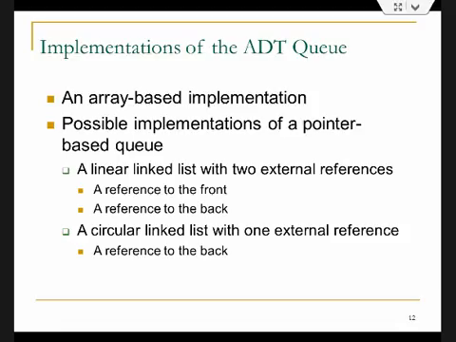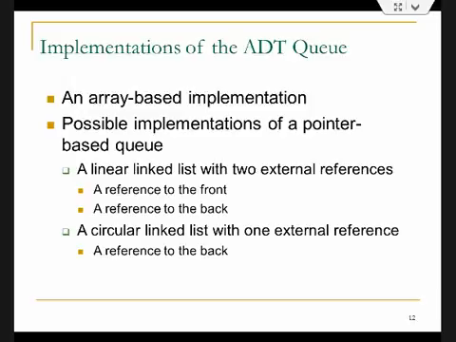So how do we implement it? Well, you can implement it as array-based, or you can use a linked list. So a linked list with two external references to the front and the back, because last time, remember, with the stack, we only needed a reference to the front because we only added to the front and popped from the front.